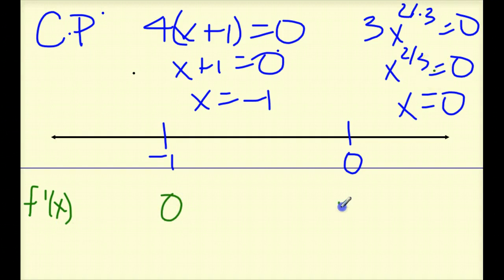This was my denominator, so the derivative of this was undefined. So let's go ahead and pick some test points. Let's pick a negative 2, negative 1/2, and a positive 1.